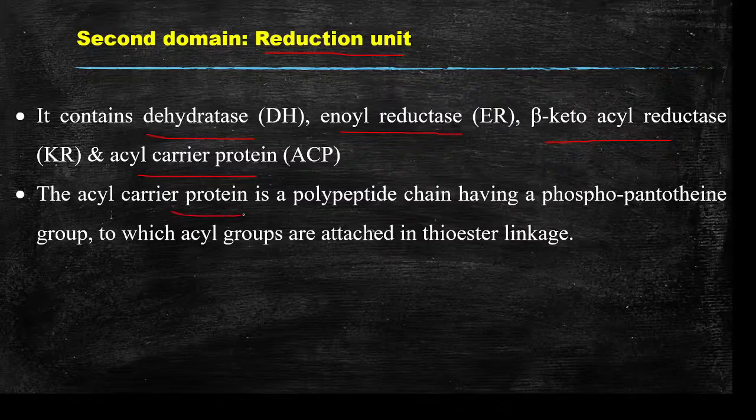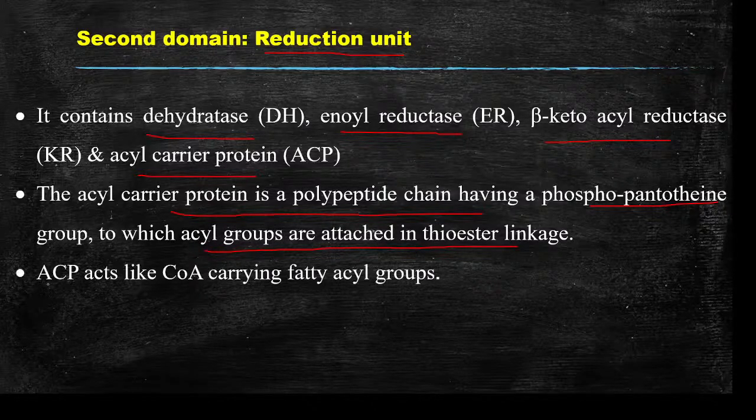The acyl carrier protein is a polypeptide chain having a phosphopantetheine group to which acyl groups are attached in thioester linkage. So the ACP acts like coenzyme A, carrying fatty acyl groups.